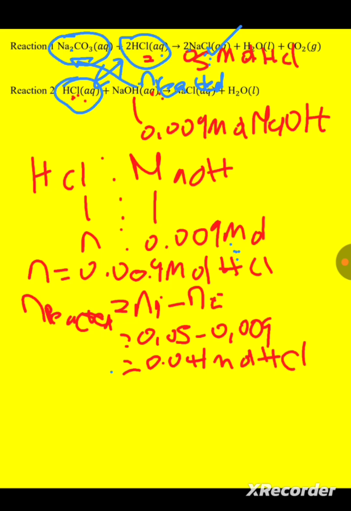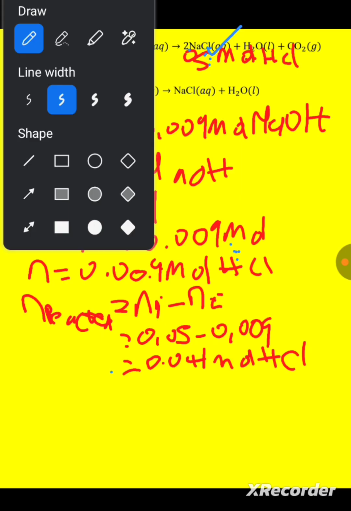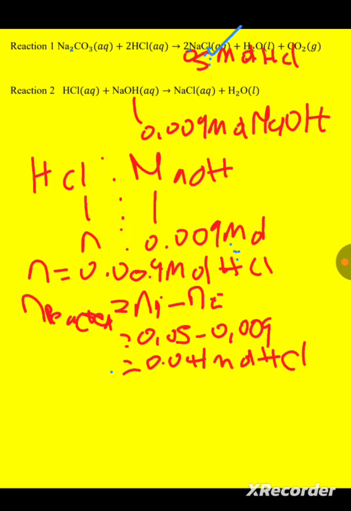Now, you're going to use ratio. I got the number of moles that reacted for HCl, n equals 0.041.